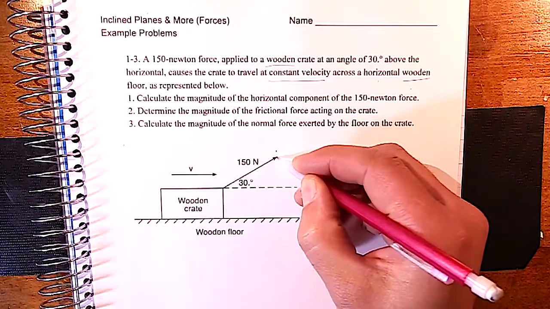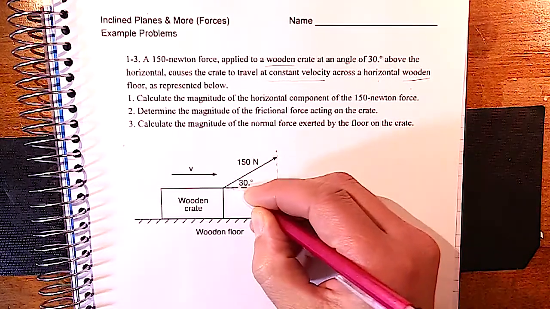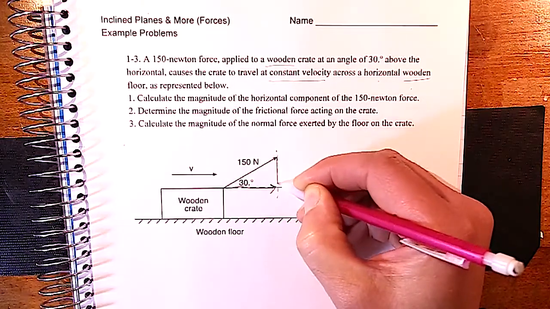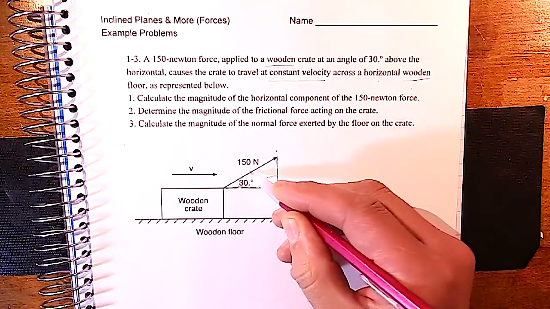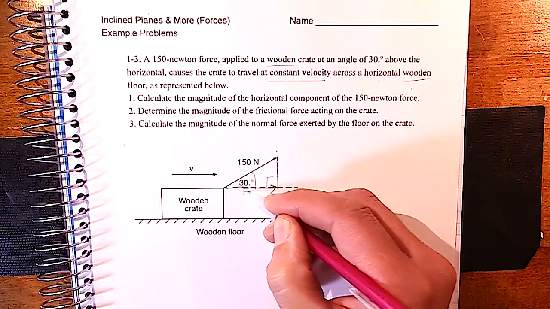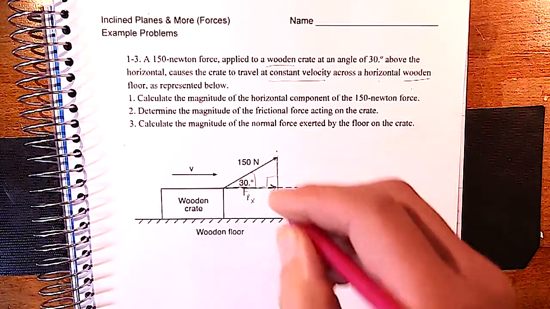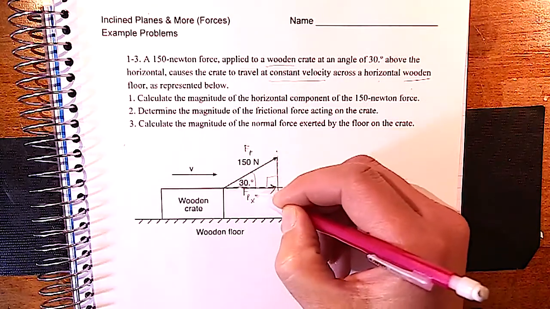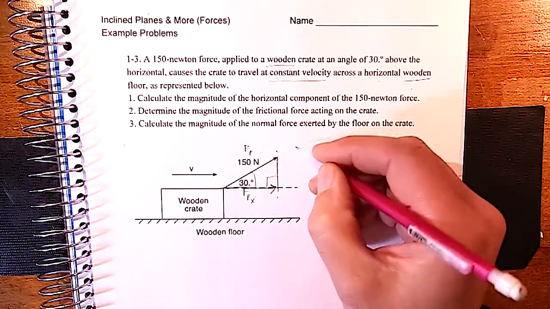So what are we looking for here? We're looking for this horizontal component, and we have a right triangle here. So we're looking for Fpx. I'm going to call that Px for force of pull, and we'll call that Fp. So we have adjacent, and we have the hypotenuse.